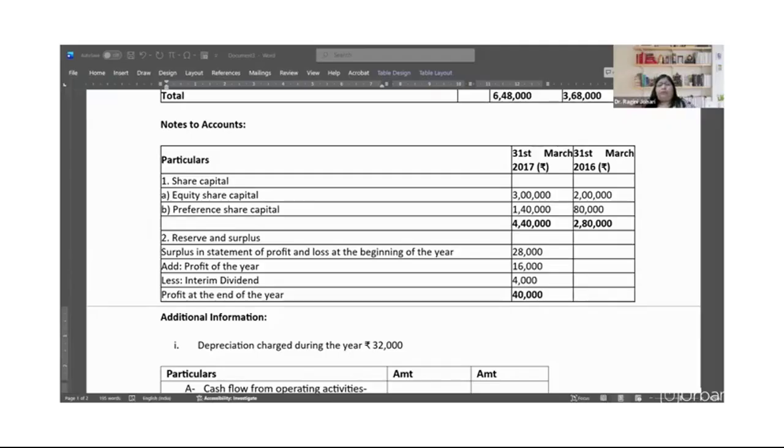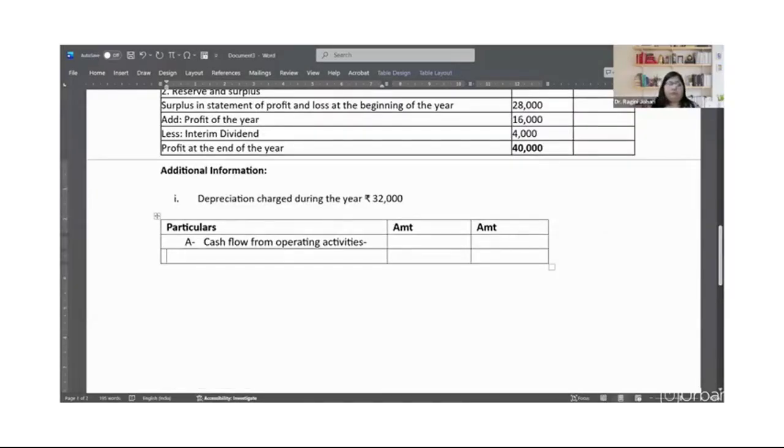Okay. So we start with the profit as per balance sheet, right? And how much is the amount coming here? That is 40,000 minus 28,000.